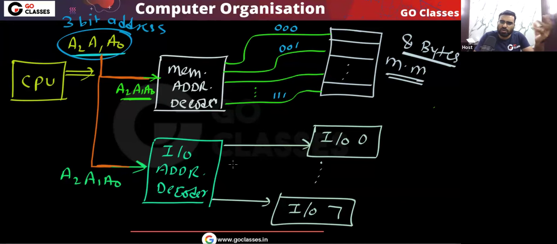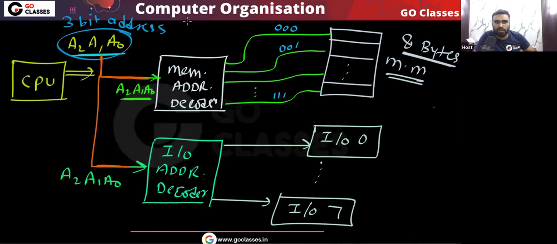Is this solution good? You might be thinking to use different address lines for main memory and for IO devices, but this is not a good solution. Why? Because there will be too many address lines. In the CPU there will be too many pins, too many system lines, I can say address lines. So that is definitely not good.